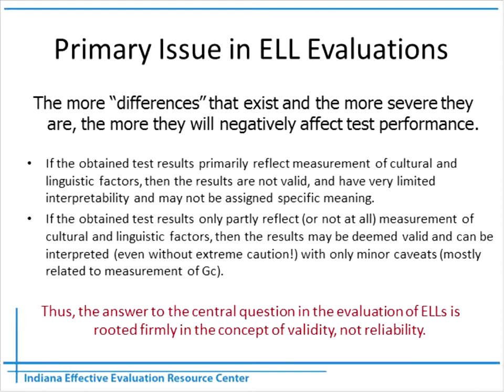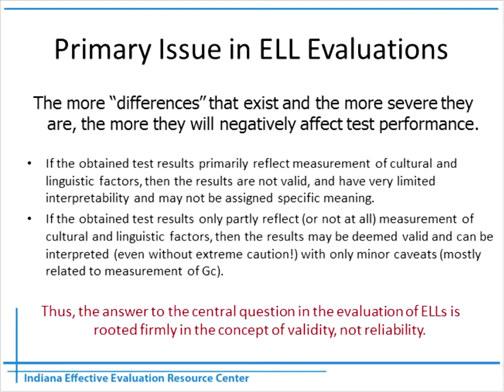And so by looking at your results and determining the effect or the impact of culture and language, when it's not the primary reason for the results you obtained, you can go back and evaluate and interpret as you ordinarily would, with the exception of Gc. I'll point that out a little bit later, but I'll explain it a little bit now.